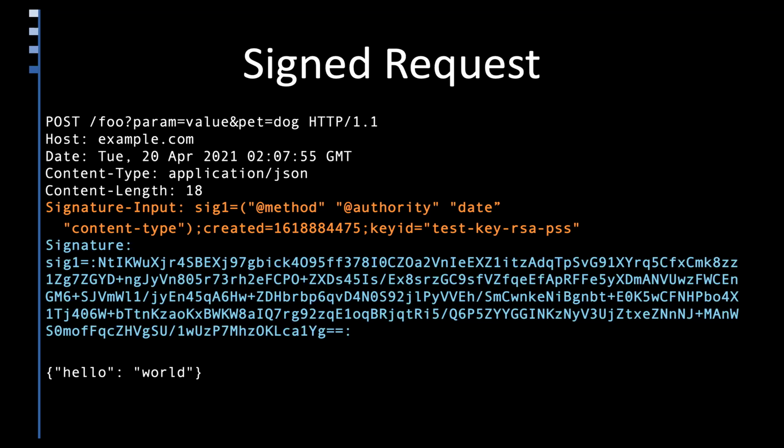In a lot of other cases, though, this sort of last step of signing the list of things that you signed often gets lost. Which is one of the reasons that we are sending the signature input and the signature as separate structures in parallel with each other.